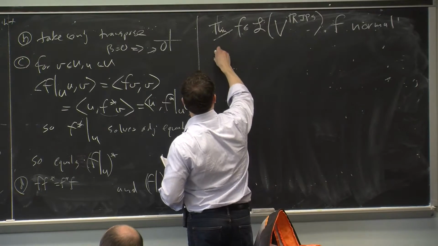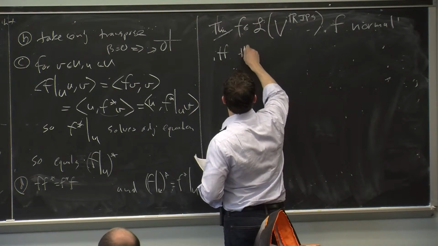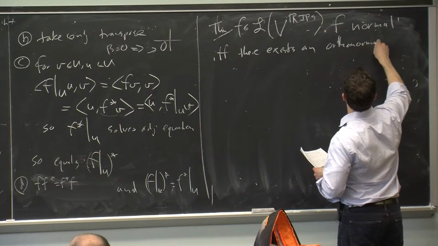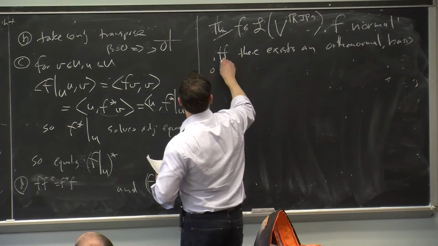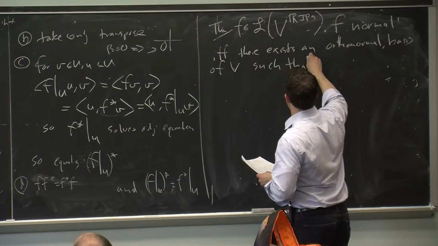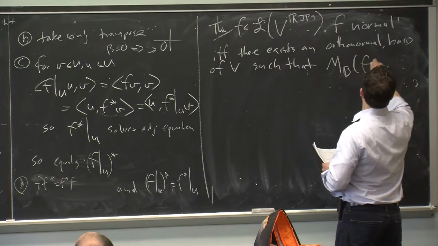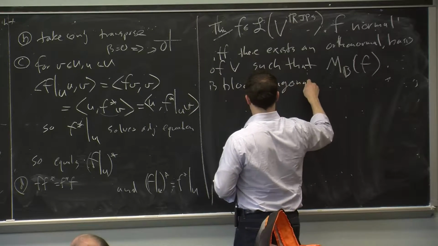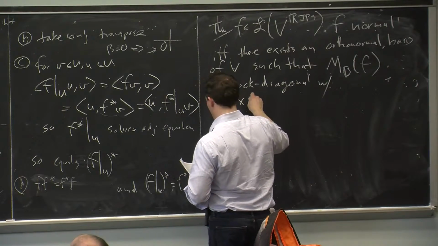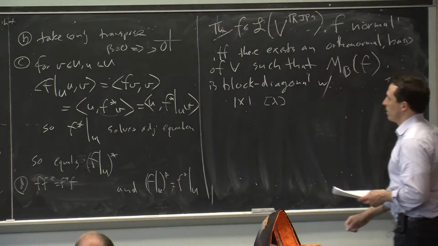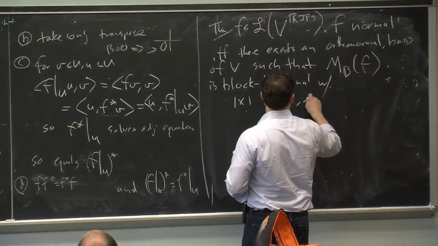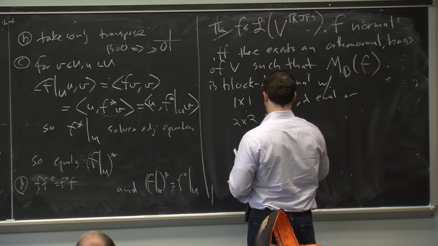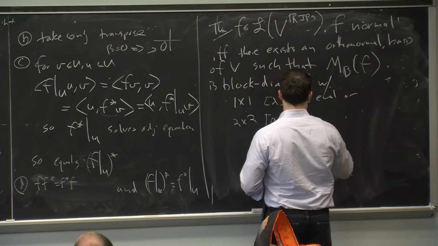F is normal if and only if there exists an orthonormal basis B of V such that the matrix of F with respect to this B is block diagonal with blocks of either 1 by 1 of the form lambda, where lambda has to be an eigenvalue, or 2 by 2 of the form a, minus b, b, a, and b is greater than 0.